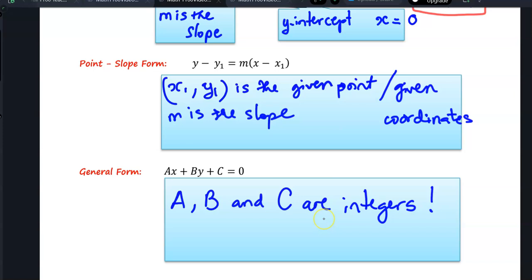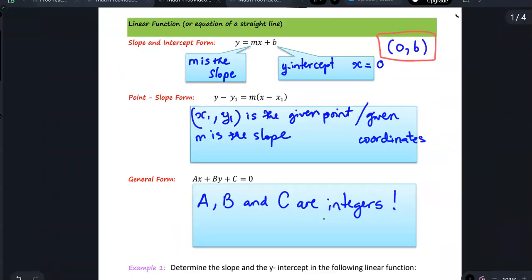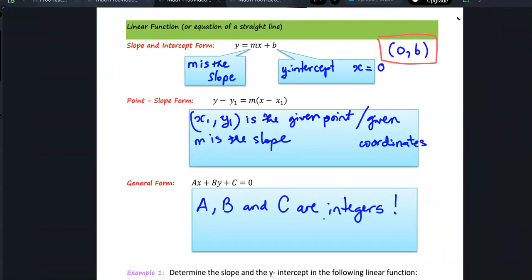Okay, so after we know the three forms of this linear function, we are going to work with in between three of these. So I will do a few examples and clarify to you why you have to learn all of these forms.